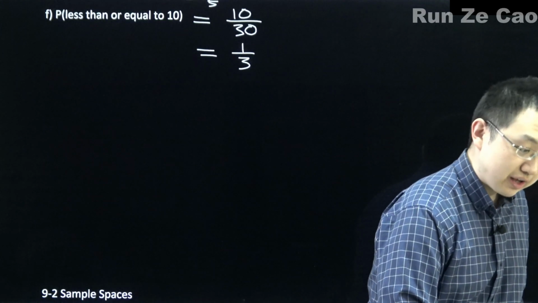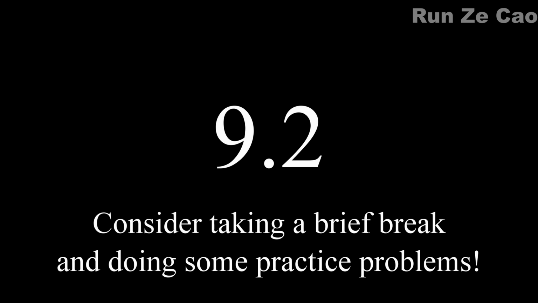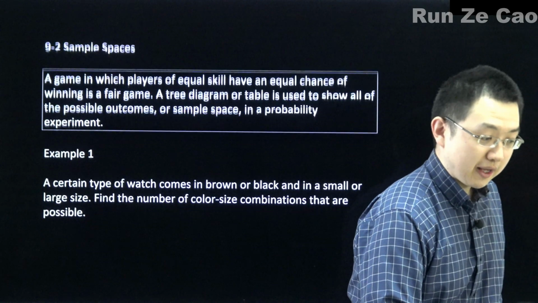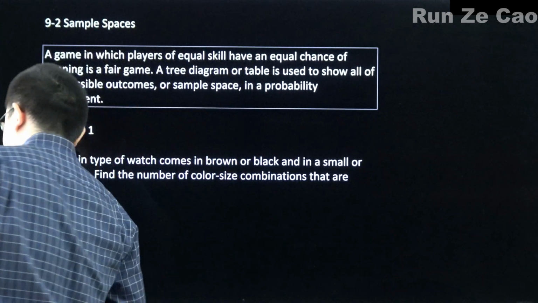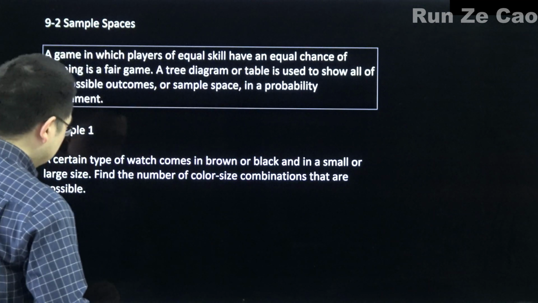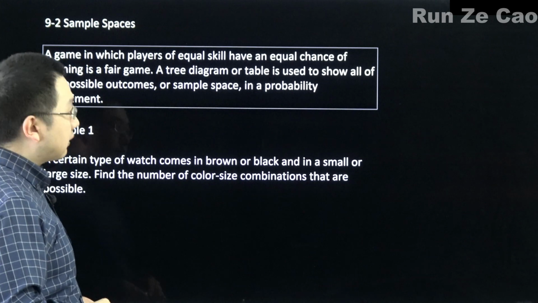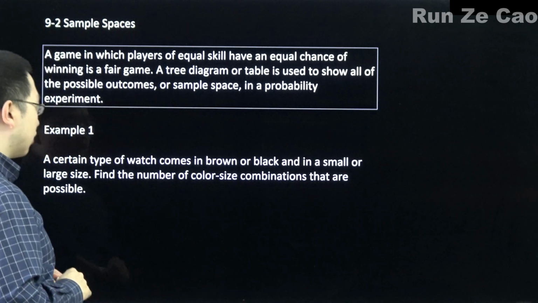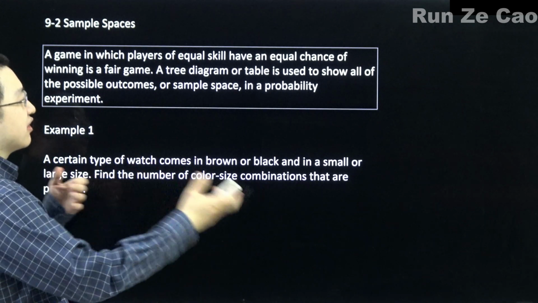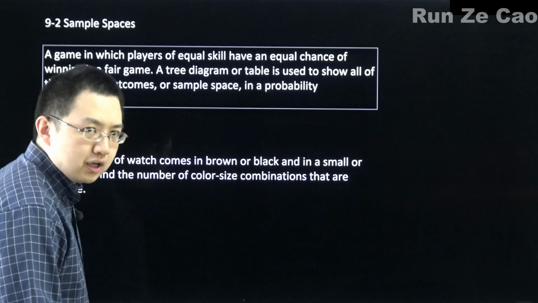The next section is sample spaces. If you have a game, in mathematics terms, a game is pretty much any sort of probabilistic event between two players.